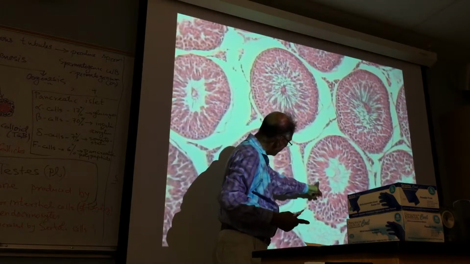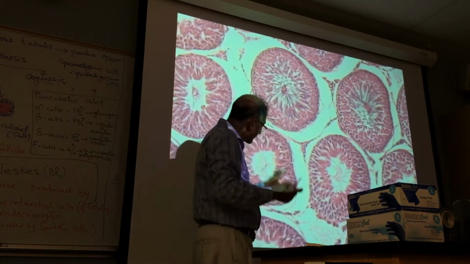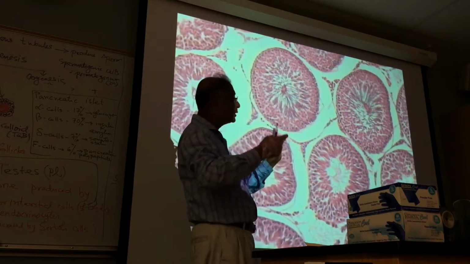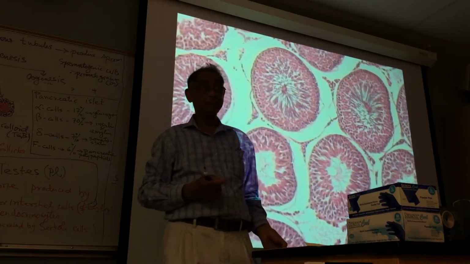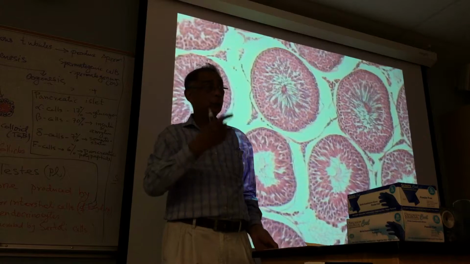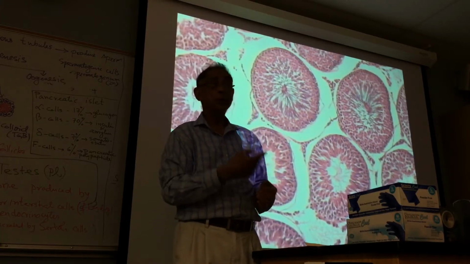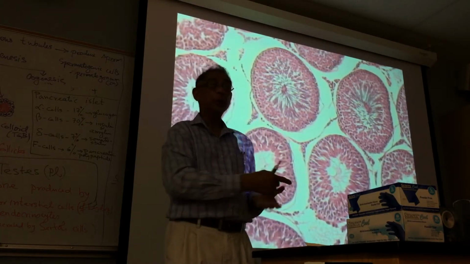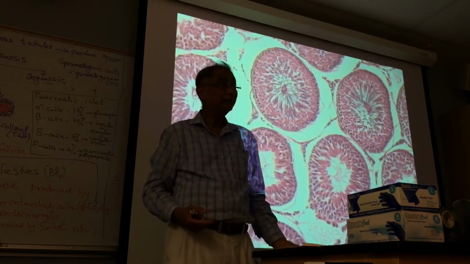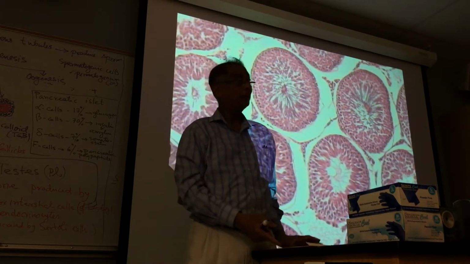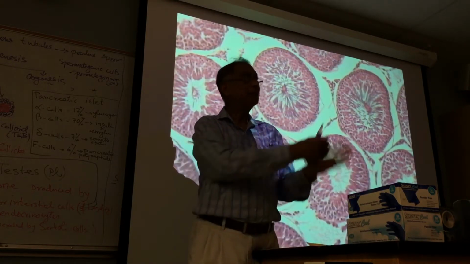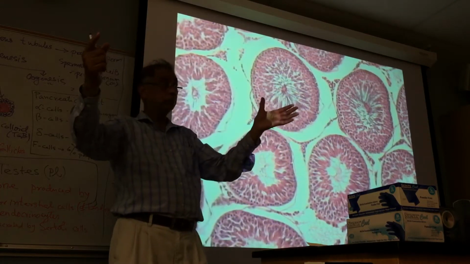These are spermatogenic cells showing different stages of spermatogenesis. Yeah? It could be a primary spermatocyte, could be a secondary spermatocyte, it could be a spermatid, but not a sperm. When it is sperm, that means it's final.